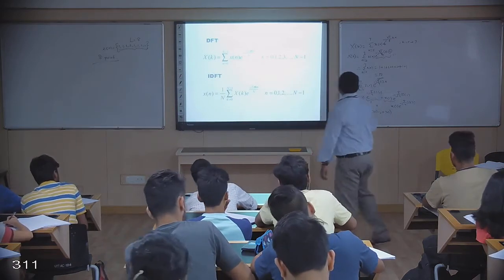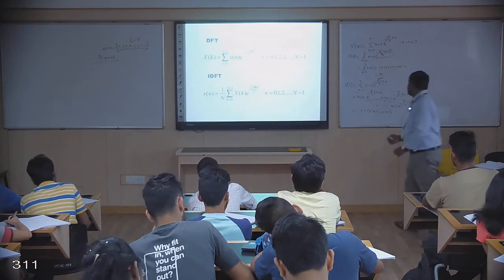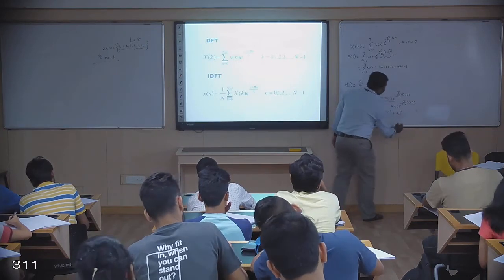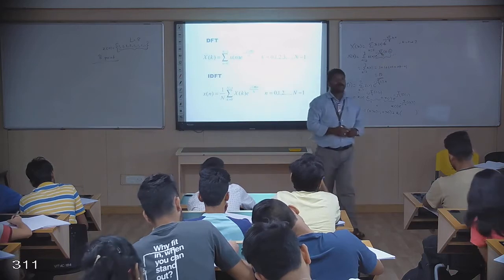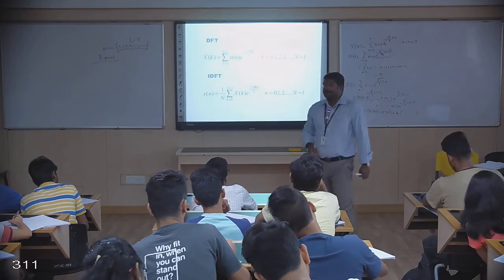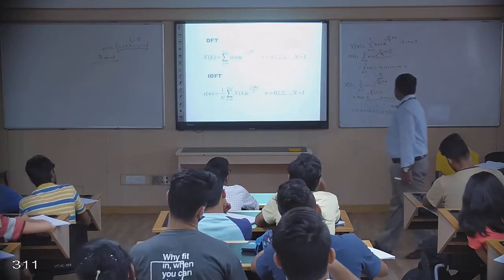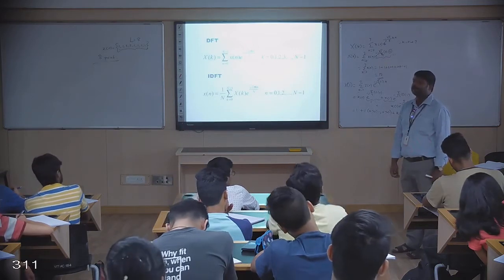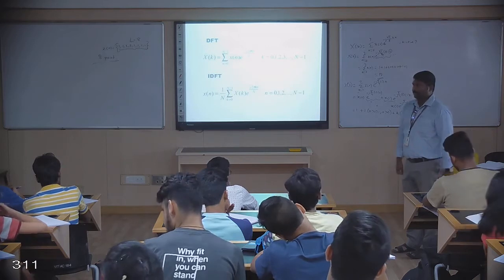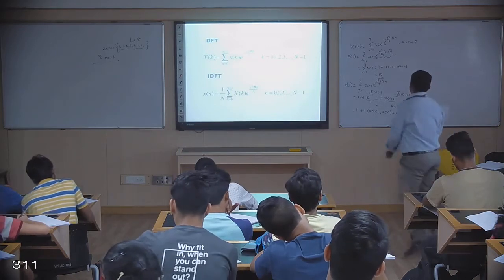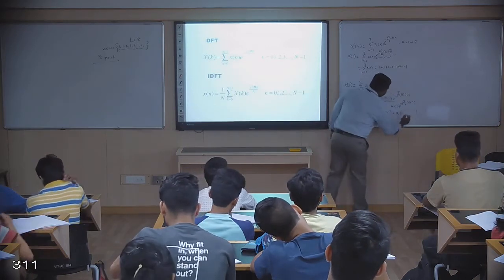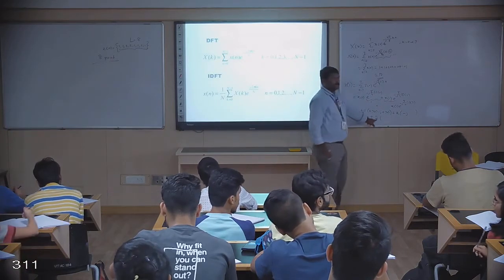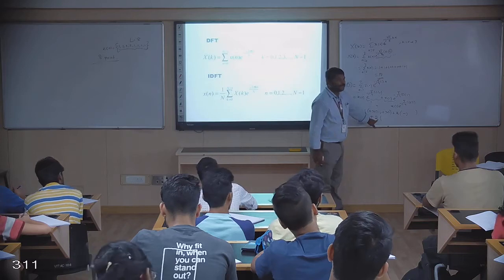And x of 2 is 2 into e power minus j pi by 2. So e power minus j pi by 2 is minus j. Alright, so it is x of 3.